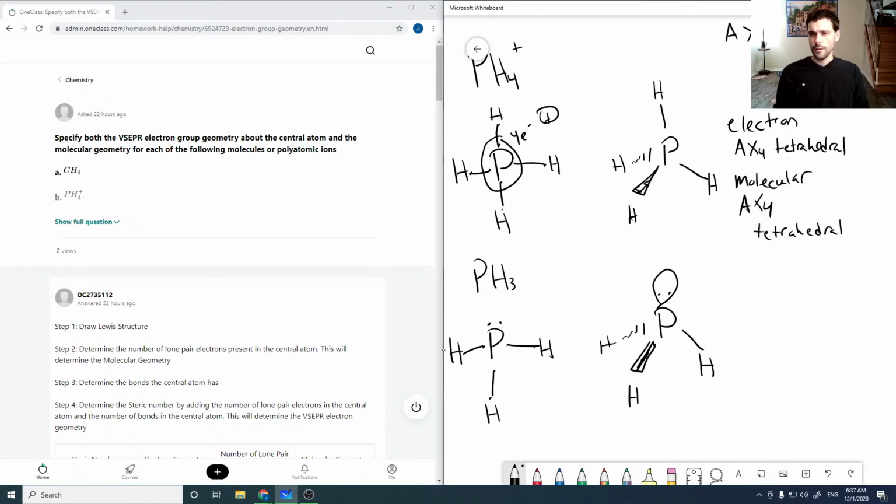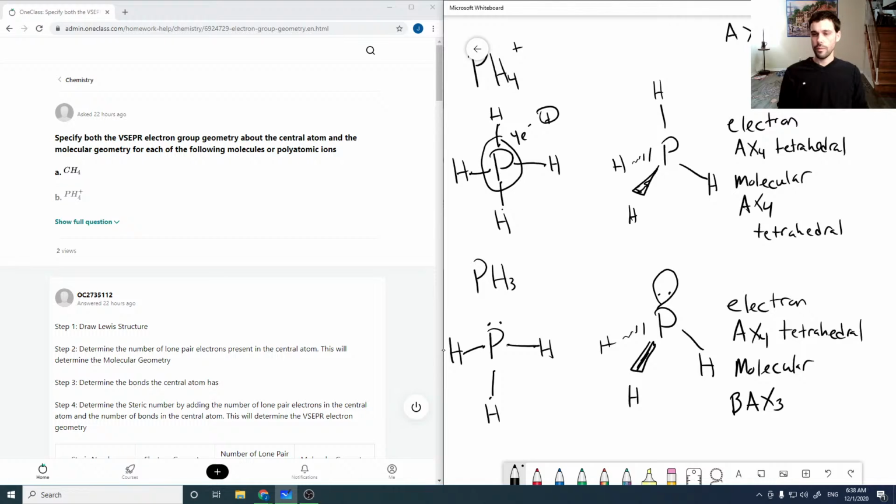Where now our electron geometry is still AX4 because we count our lone pairs in our electron geometry. So that's tetrahedral. But our molecular geometry is, so you might see different notations for this, but I'm going to use just a B for our lone pairs, so BAX3.